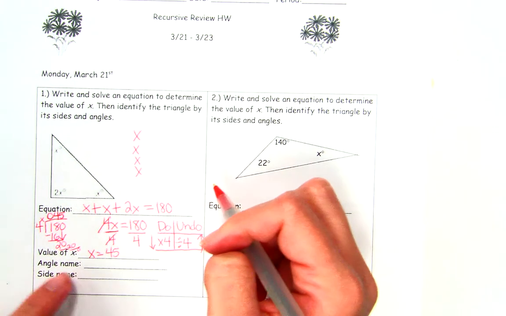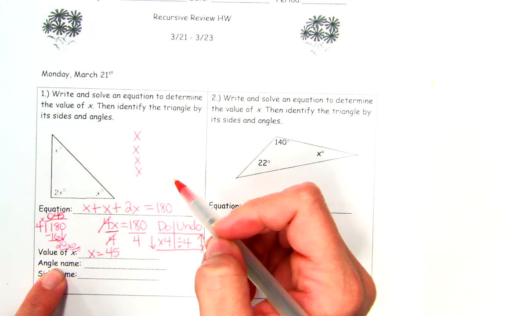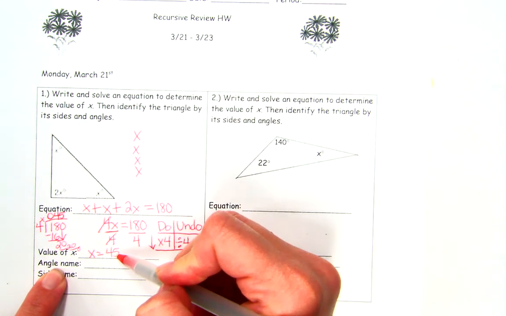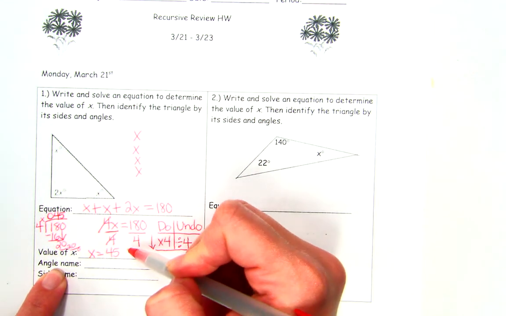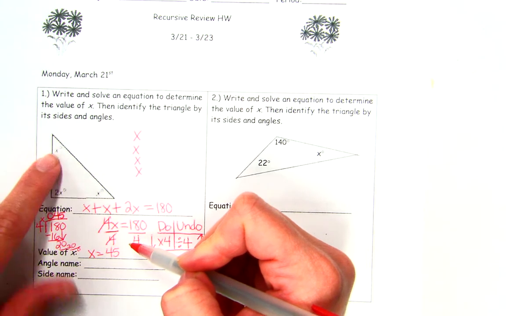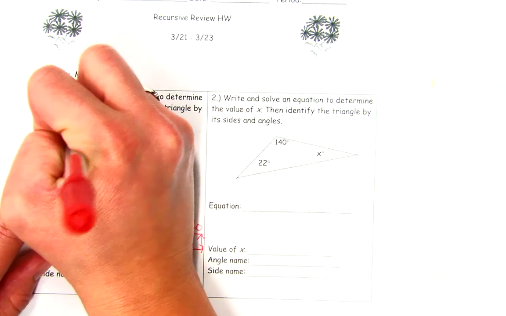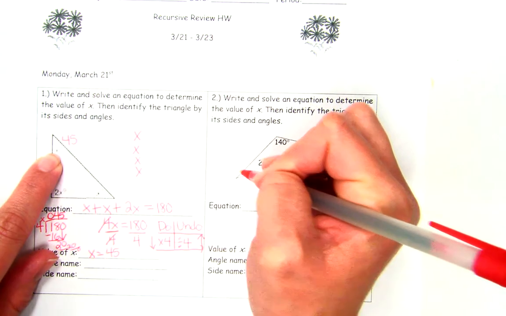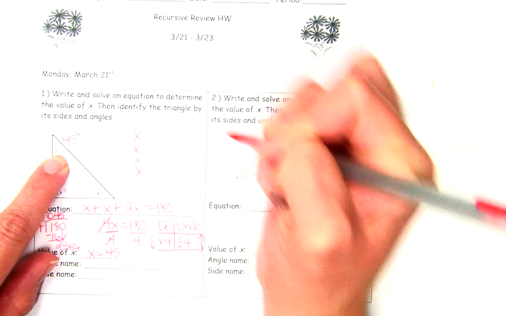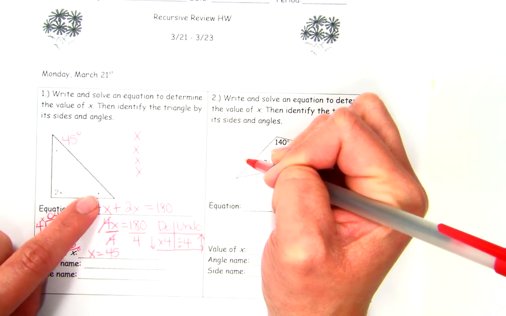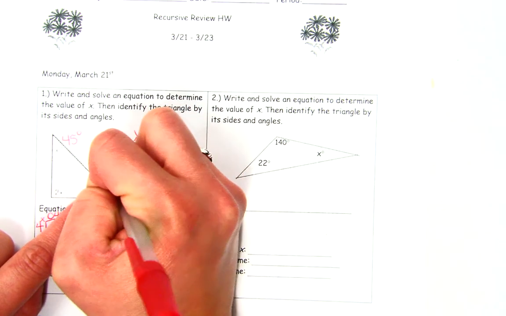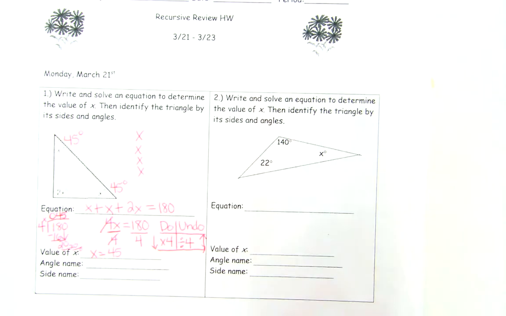Okay. Now, before we can determine the angle name, we have to use a little bit more of our math reasoning skills. If x is 45 degrees, then wherever we see x, we're going to put 45. So this angle is 45 degrees. This angle is also 1x, which is another 45 degrees.